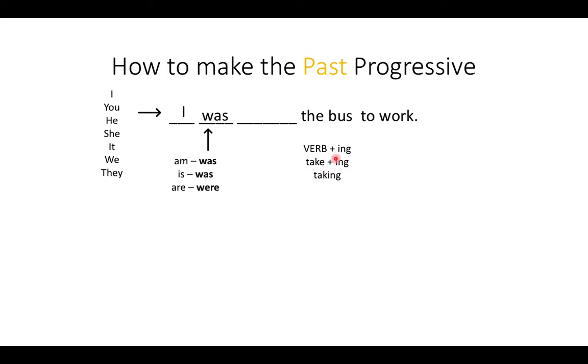We just put an ing at the end, an ng sound. Taking. Taking. So we just put that right there. I was taking the bus to work. So this sentence is in past progressive form, meaning it's something that happened in the past. So I was taking the bus to work. That happened in the past.